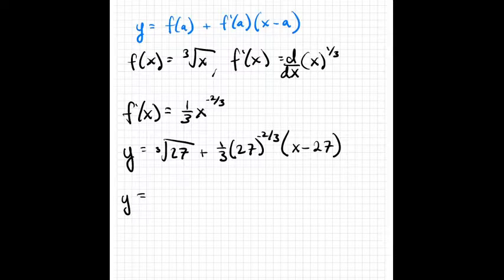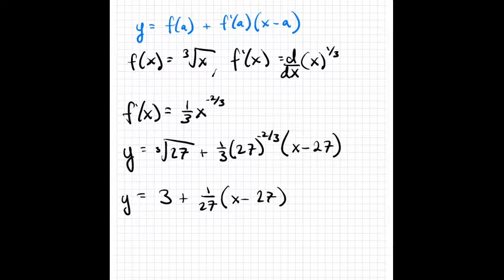Let's see. Cube root of 27 is what, 3? So that's going to be 3. I'm going to rewrite this. That's going to be 1 over the cube root of 27, squared. The cube root of 27 is 3, 3 squared is 9, 9 times 3 is 27.